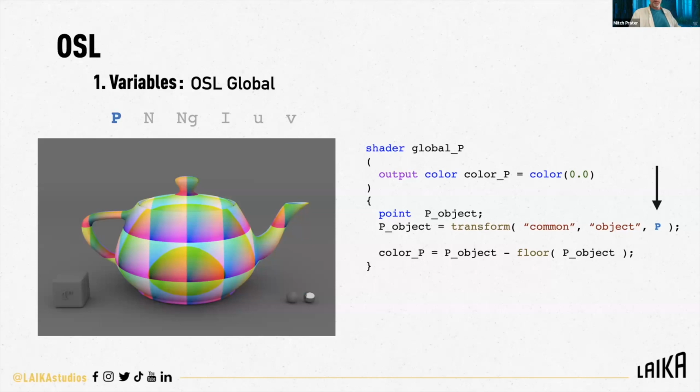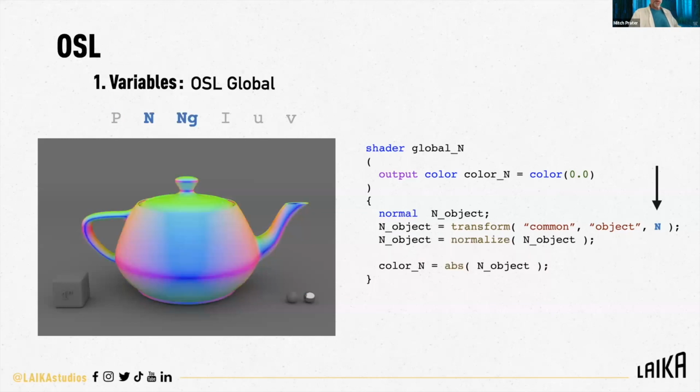And then we're using another OSL function called floor to create a sawtooth pattern by subtracting the integer portion of Pobject from itself. In this case, floor operates on each of the X, Y, and Z components individually. So you get a red sawtooth in X and a green one in Y and a blue one in Z, which results in the color you see here. And we're also automatically typecasting this from a point to a color and assigning that to the colorP output variable.